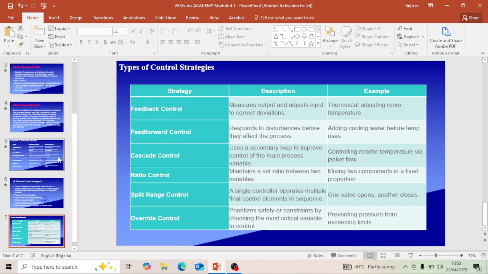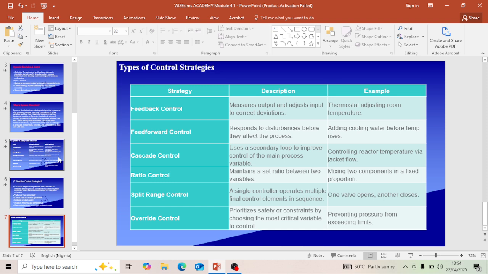We have the ratio control, which maintains a set ratio between two variables, for example when you are mixing two components in a fixed proportion. Imagine you are doing a reaction process and you have two reactants, so you have to control the flow of these reactants.